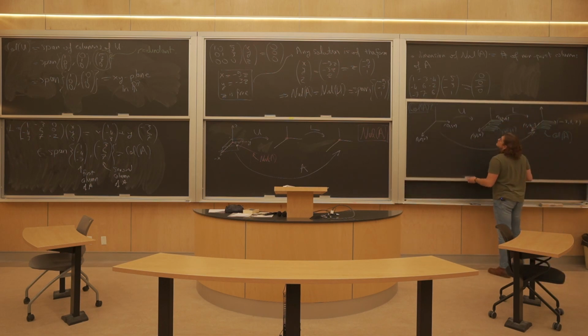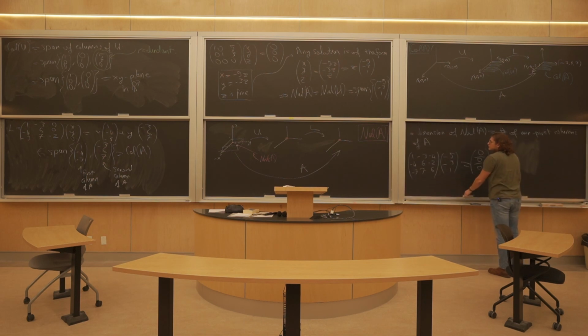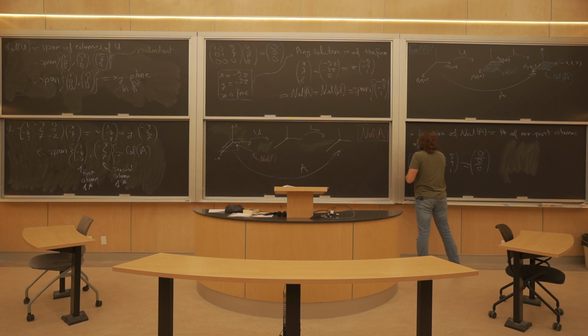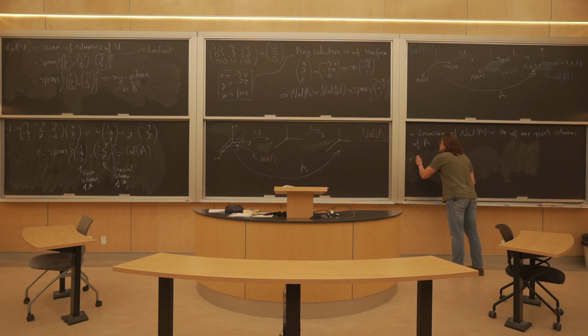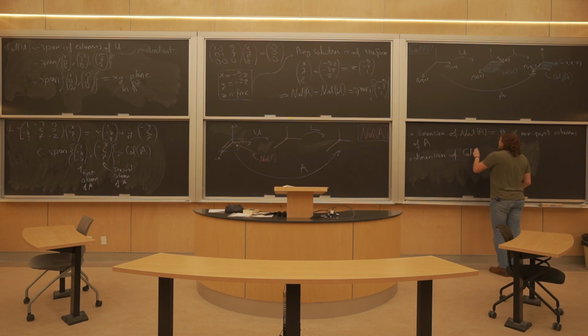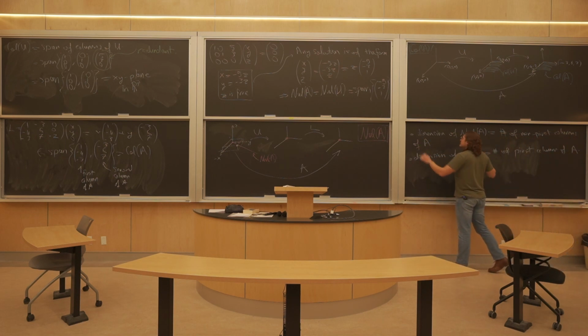Before that, the dimension of the null space, we said, is the number of non-pivot columns of A, and vice versa, the dimension of the column space of A is the number of pivot columns of A. Because these two things are so important, they have specific names.